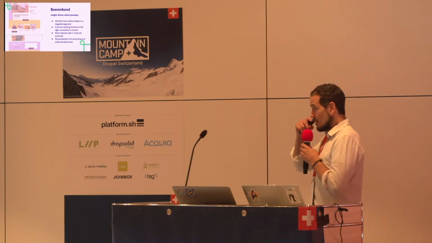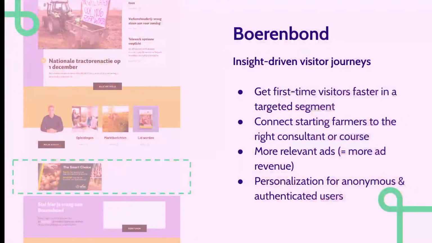This one as well, Boerenbond, is the non-profit for the farmers. Especially non-profits who have a lot of members giving low value, like how many non-profits have donations of 3-5 euros a month.